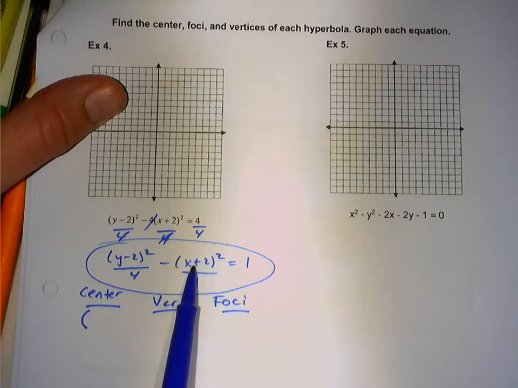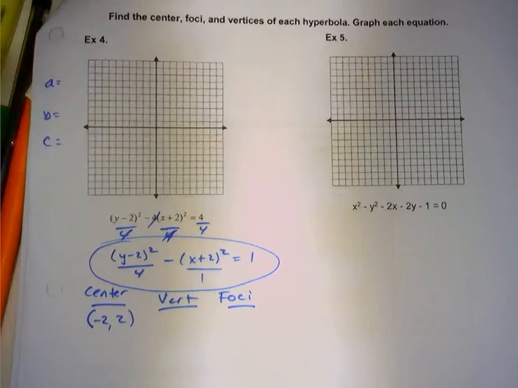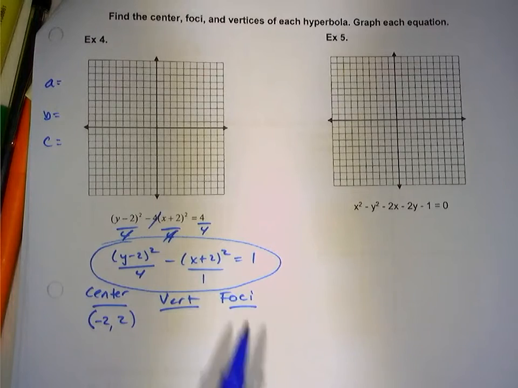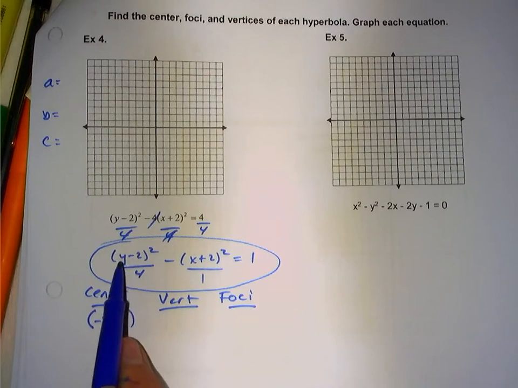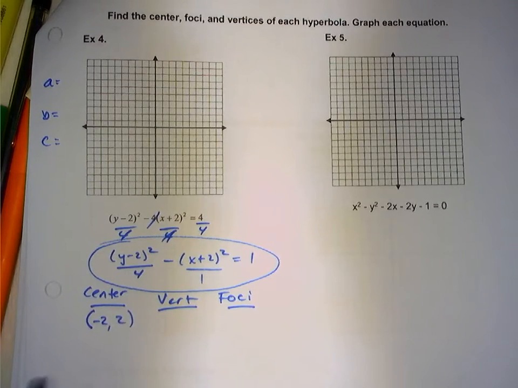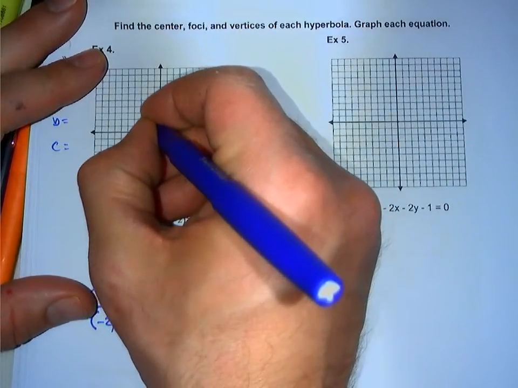So h. Awesome. Good job. So -2, if you want the x value, make sure you look here. So opposite of what you see, now you said -2, and you have y minus 2, that's positive 2 for the y. Perfect. So I take a look, I got -2, 2.